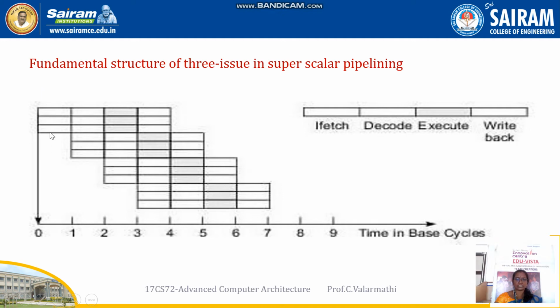That means the fetch phases of all 3 instructions execute in parallel in the first clock cycle. Similarly, in the second clock cycle, those first 3 instructions are in the decode phase. In the third, the first 3 instructions are in the execute stage.